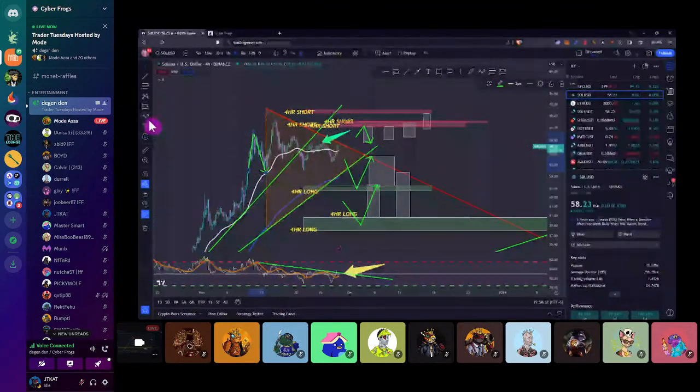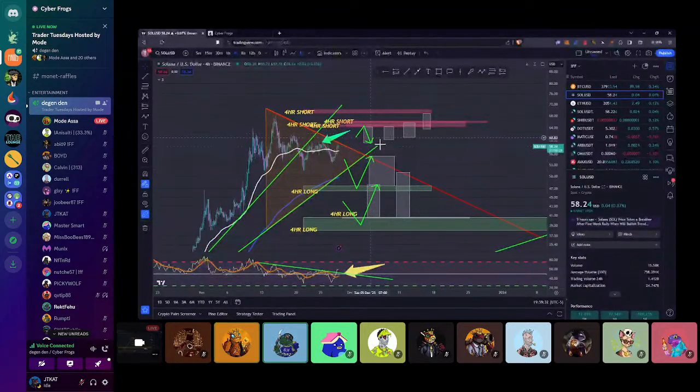If we drop down to here, it's highly likely we test up to the white line again. It's not predicting where the market is going in any way. It's taking data points and saying, if we hit this zone, there's a high probability we retest this before we go way lower to where this isn't substantial anymore.